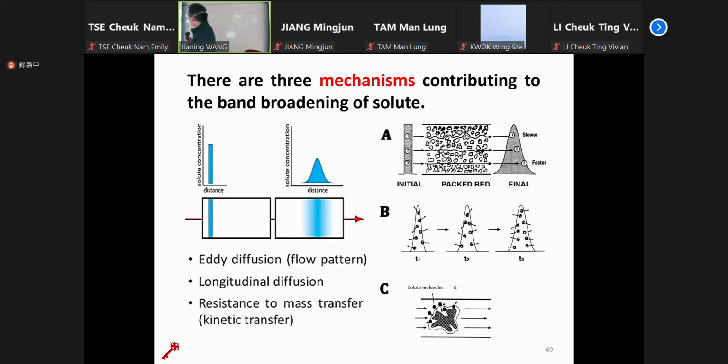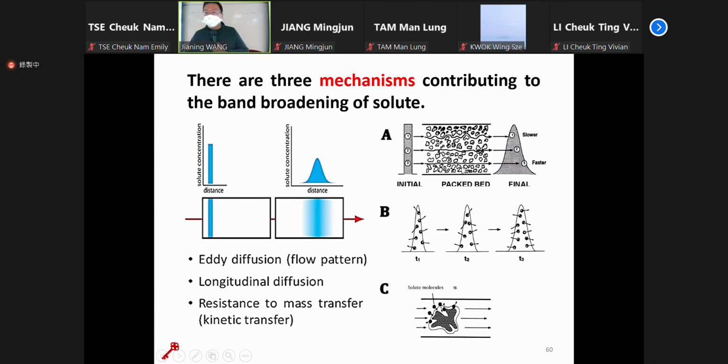Okay, so let's see the A term first, eddy diffusion. So for many forms of column, we use packed particles to support the stationary phase. So here I use the mouse. Okay, so here is a packed column, and this is a particle.